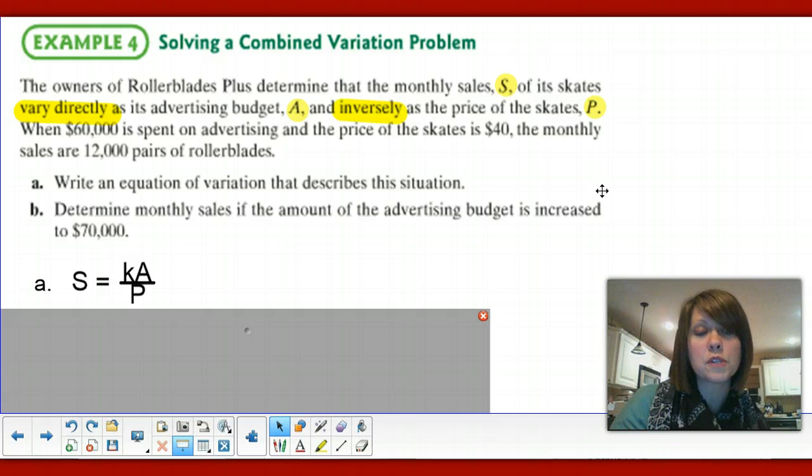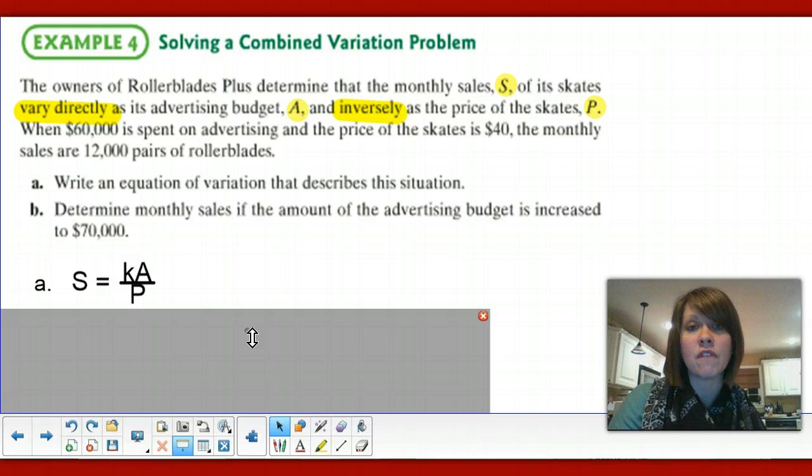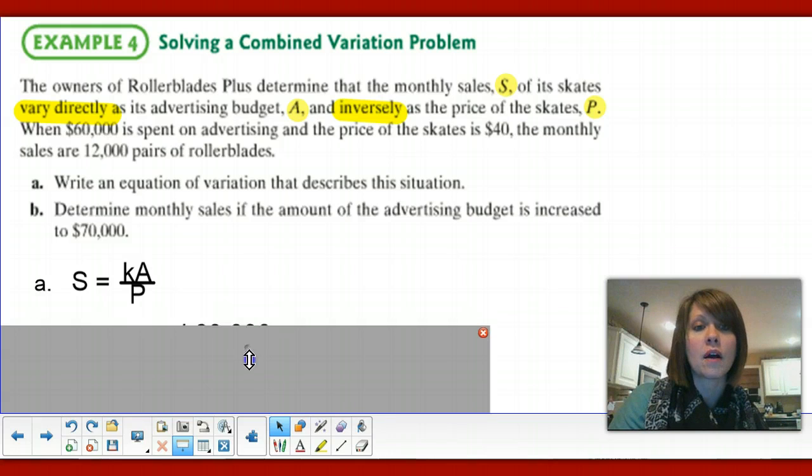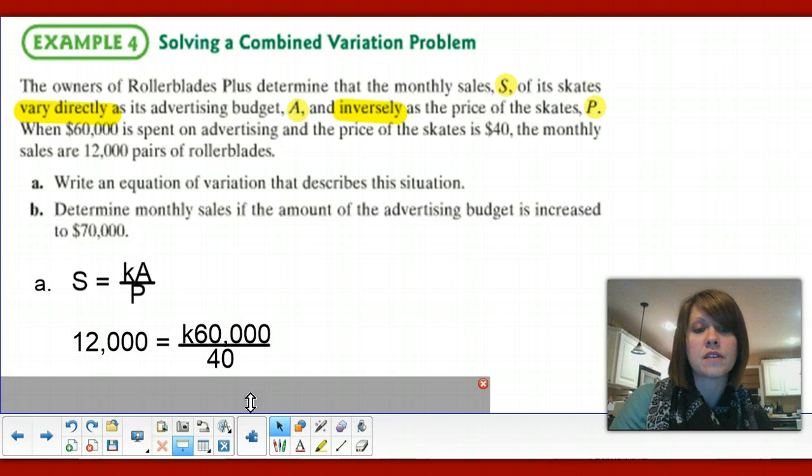Now we can be a little more specific because I didn't read the rest of the problem. When $60,000 is spent on advertising and the price of the skates is $40, the monthly sales are 12,000 pairs of rollerblades. So what we can do is use this set of information where $60,000 is spent on advertising, $40 is the price set for each pair, and 12,000 pairs are sold.